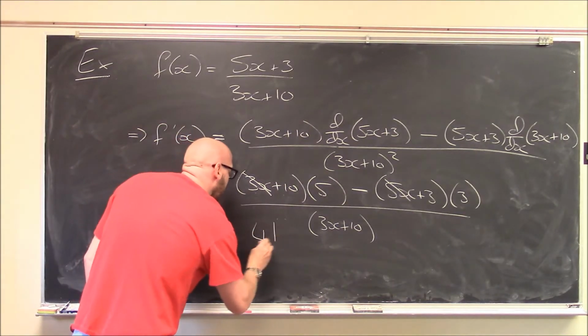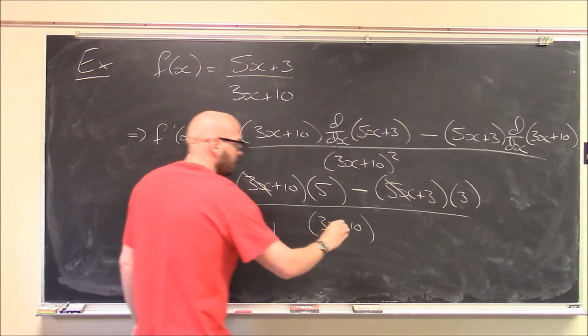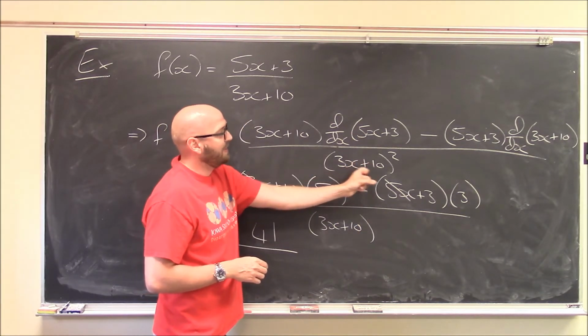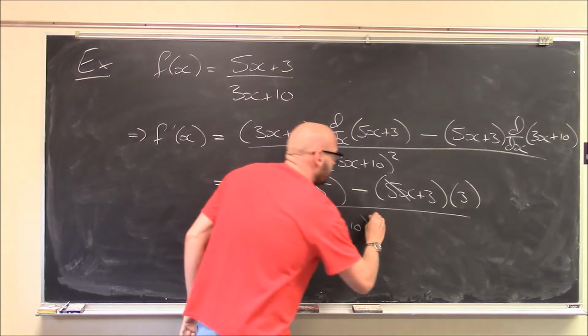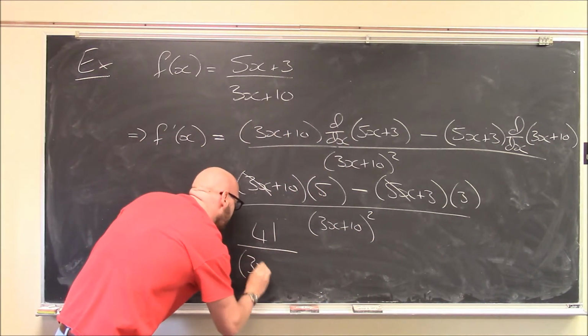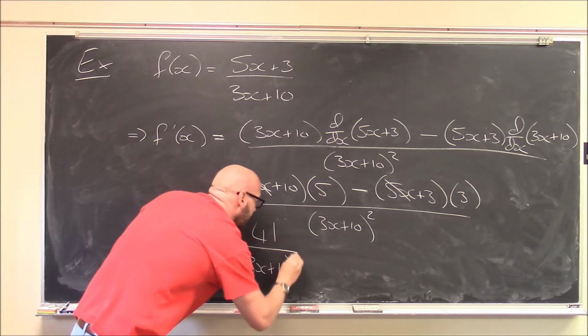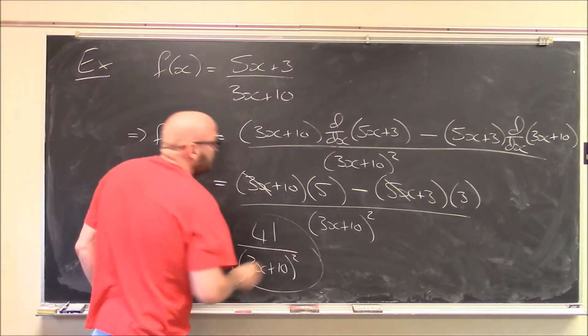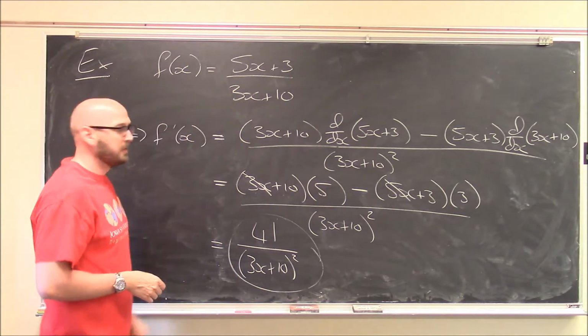So this is 41 over, oops, what did I forget to do? It's just a copying error, but we had 3x plus 10 squared. This should be 3x plus 10 squared. So 41 over 3x plus 10 squared. And there is our derivative of f. There's f prime.